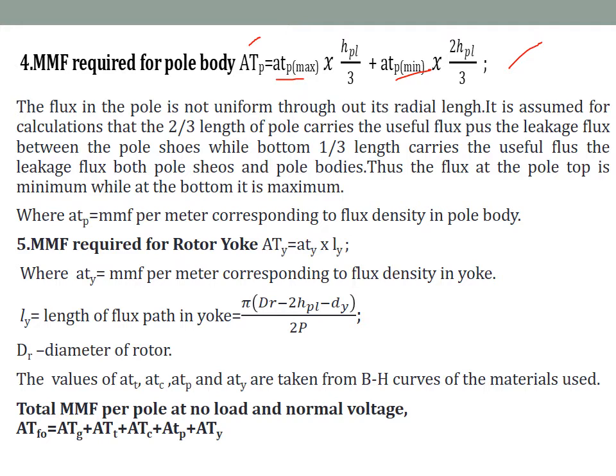So we know that the flux in the pole body is not uniform throughout its radial length.